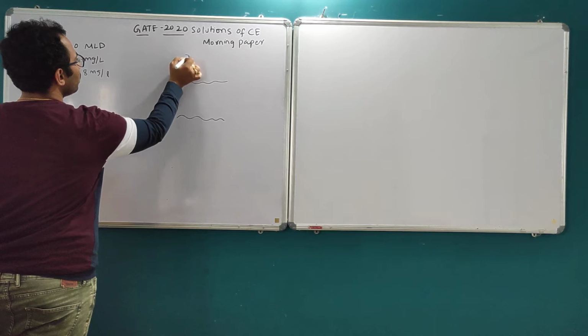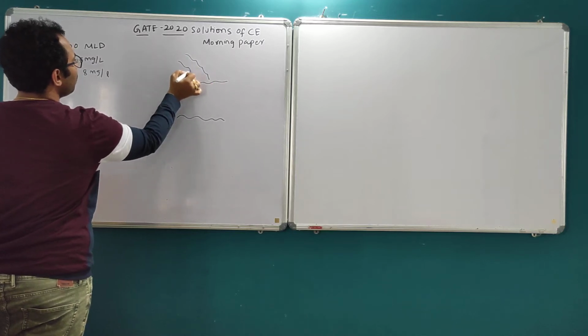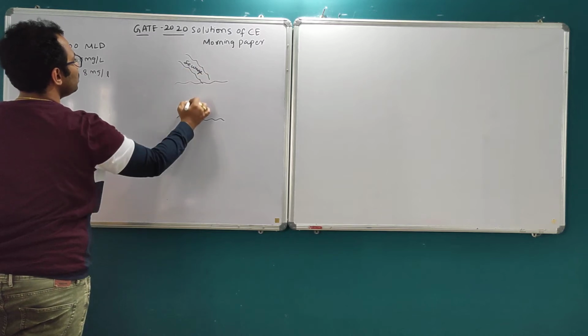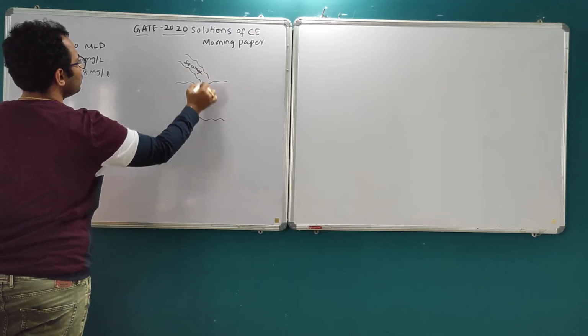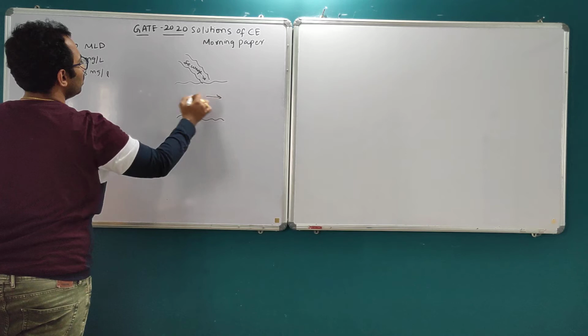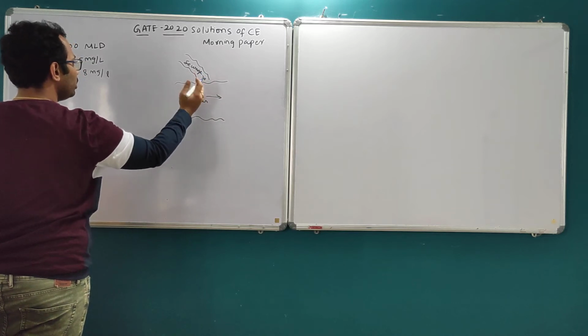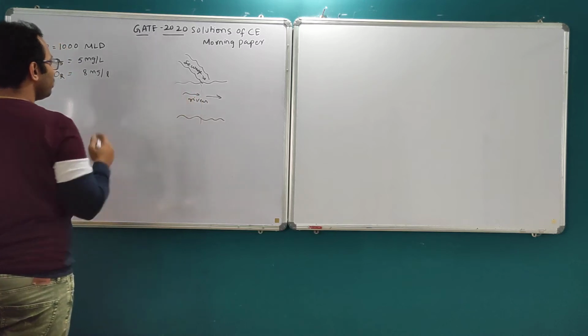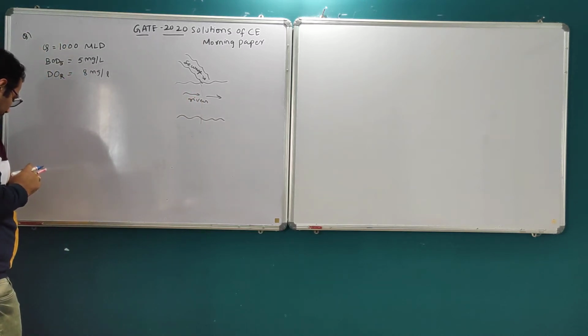So somewhere a sewage is coming and entering into the river. This is sewage and this is river. So now before entering, that means on the upstream part, if this is a section on the upstream part, these are the properties. Before wastewater discharge at the location.